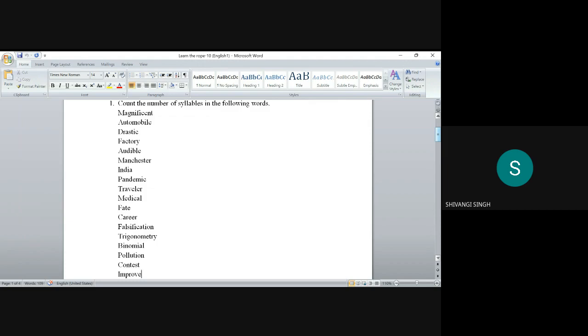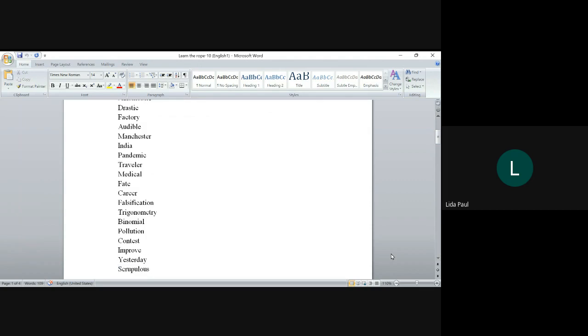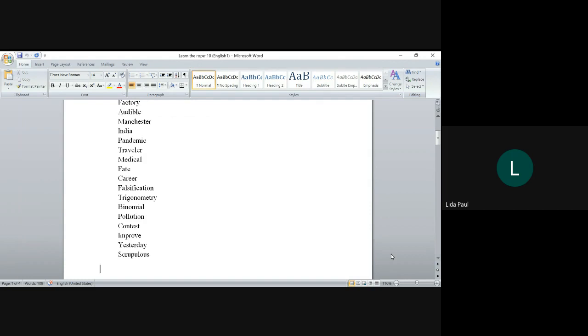Ma'am, 3. 3, right? 3. Pollution. Okay. If you're looking at the internet for its division, in the American version, especially in the words that end with shin and shill and all that, you will see that the vowel sound is indicated in brackets.